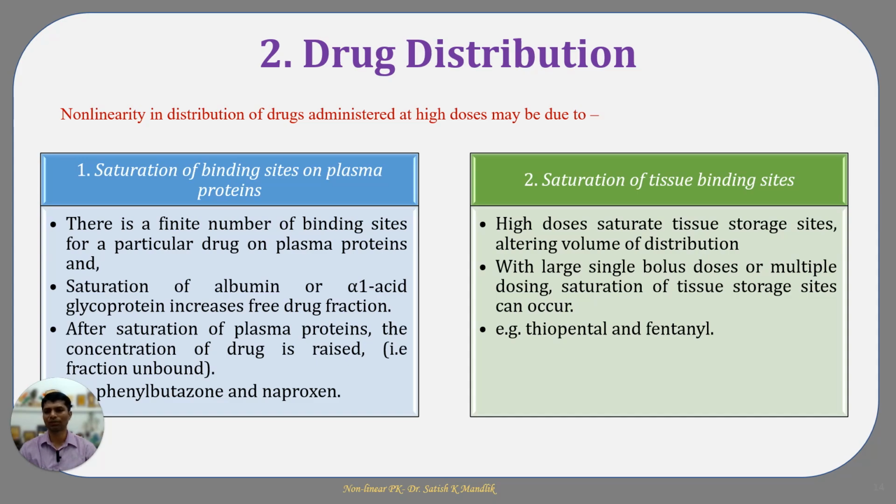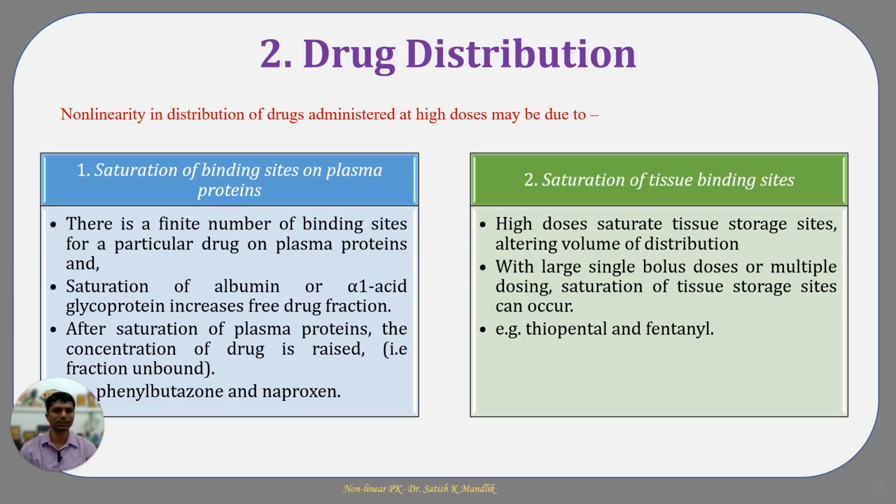Examples like phenylbutazone and naproxen exhibit this kind of saturation if the dose increases, and thus the concentration in the plasma increases. In the other way, in distribution, tissue binding becomes saturated, especially with thiopental and fentanyl.